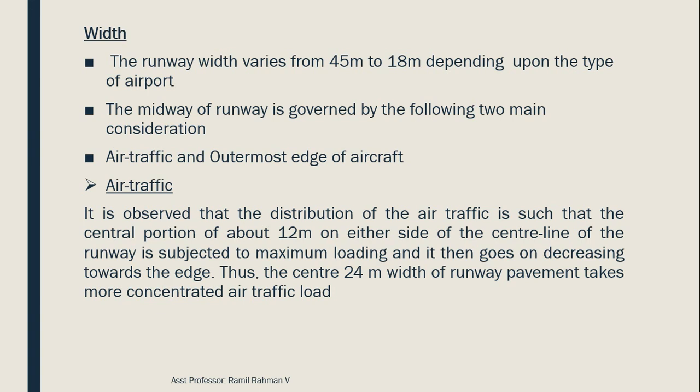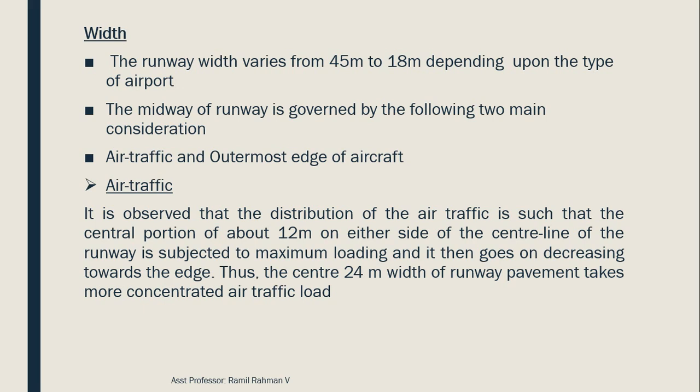Next thing is the width. The runway width varies from 45 meters to 18 meters depending upon the type of airport. The width of the runway is governed by the following two main considerations, that are air traffic and outermost edge of aircraft. Air traffic.